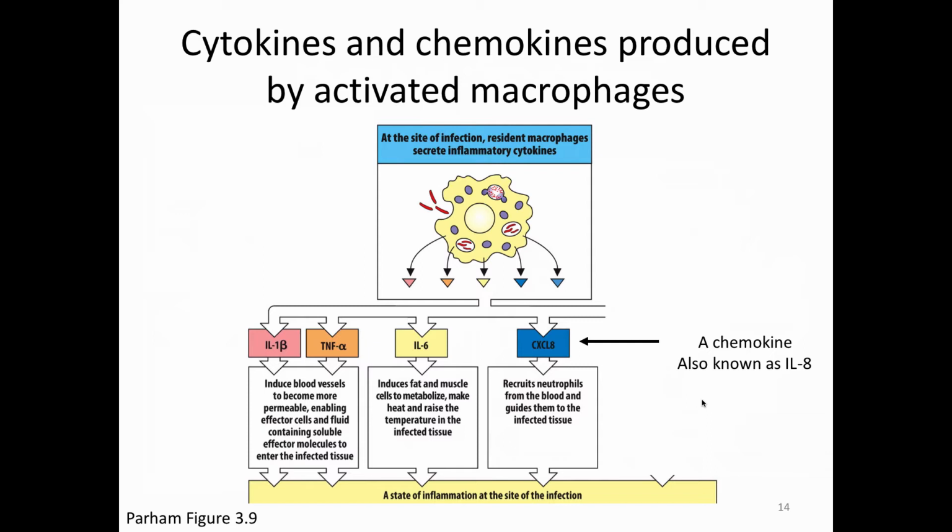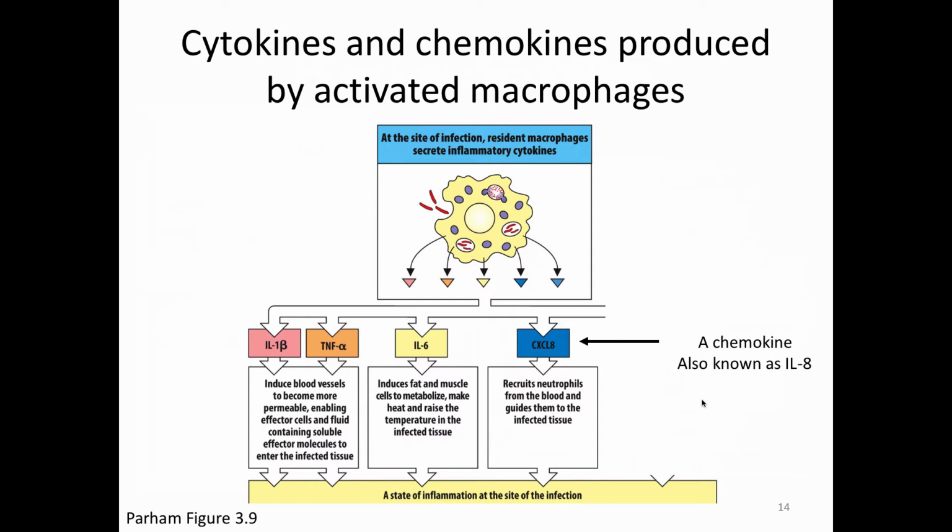We can also see some other products being made by our macrophage. Two of them are enzymes that are not listed here, but that I want to mention because they're going to come up later. So these are enzymes. They're inside the macrophage. They're not being secreted. One of them is called iNOS, and we'll come back to iNOS. The other is called COX-2.